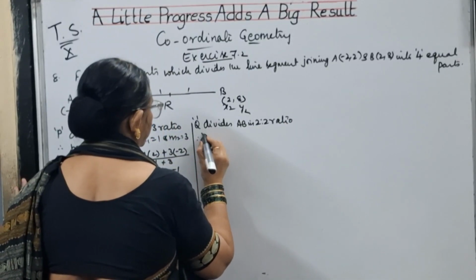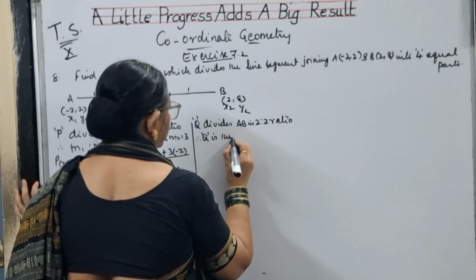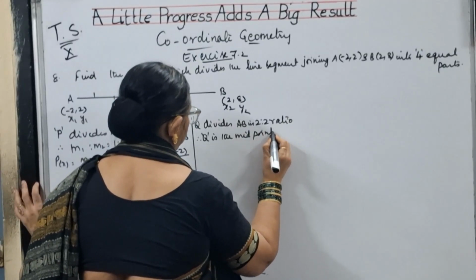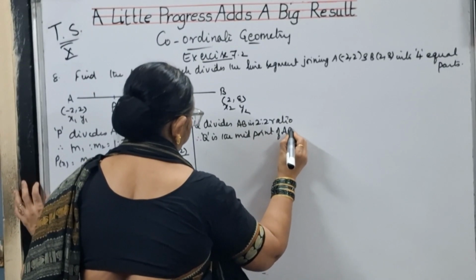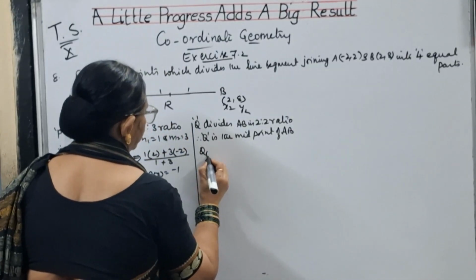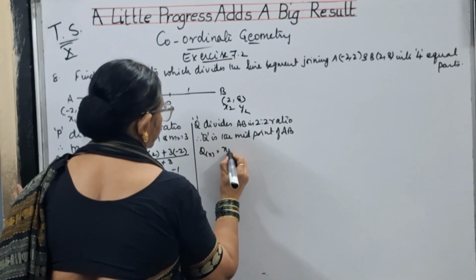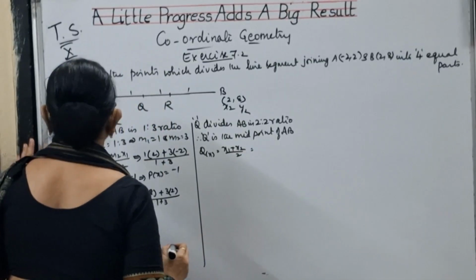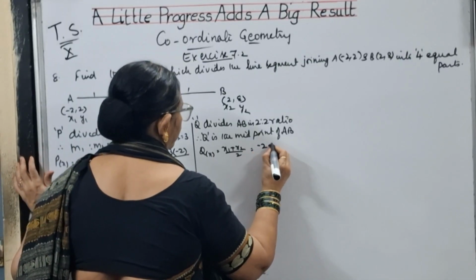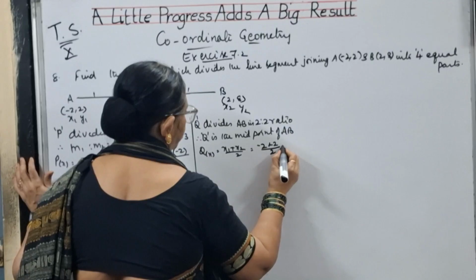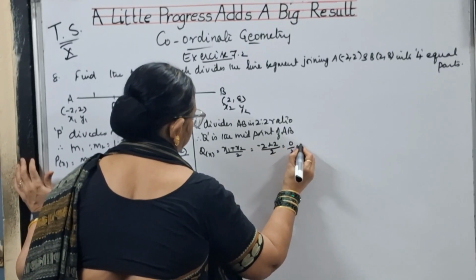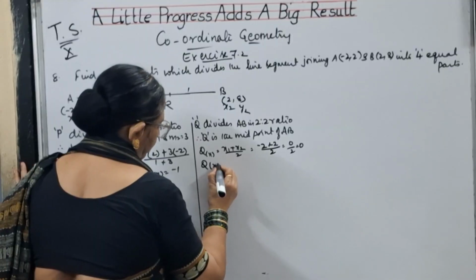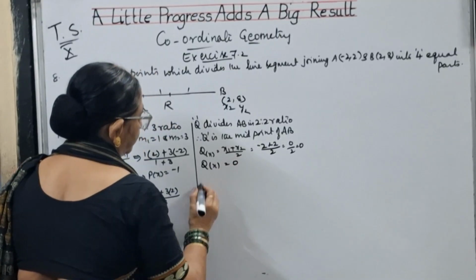Therefore, Q is the midpoint of AB. So what is Q of x? (x1 plus x2) by 2. So x1 is minus 2 plus x2 is 2, by 2. 0 by 2, that is equal to 0. That means Q of x is equal to 0.